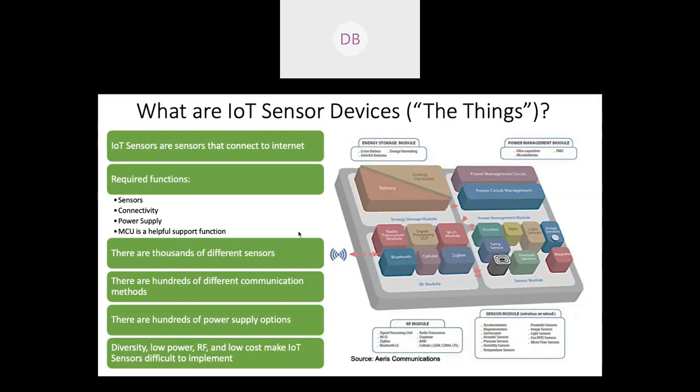Then there are hundreds of power supply options, because depending on the type of application and the location where it has to be used, we have to select a particular type of power supply. The difficulty that arises is diversity.